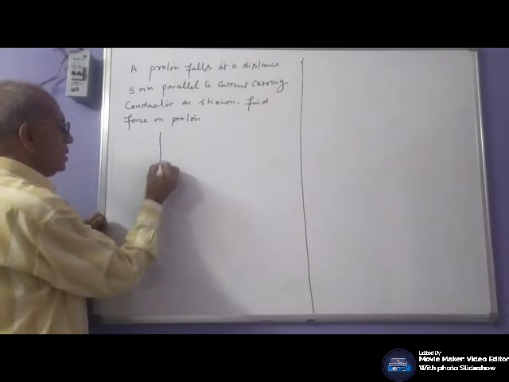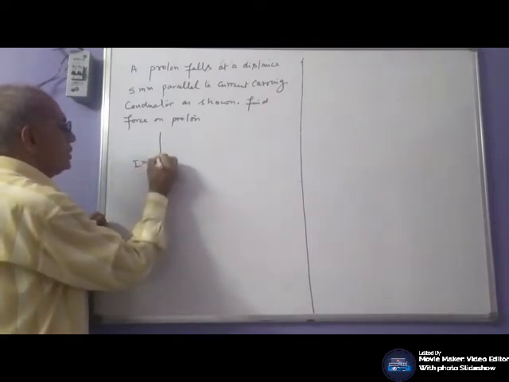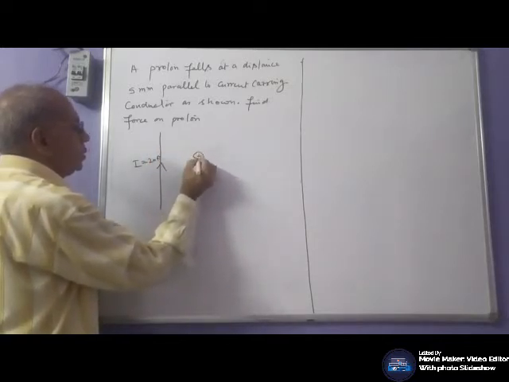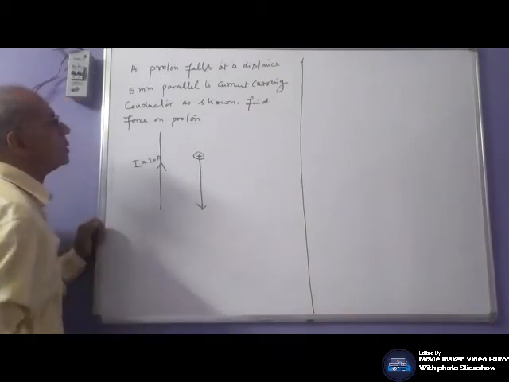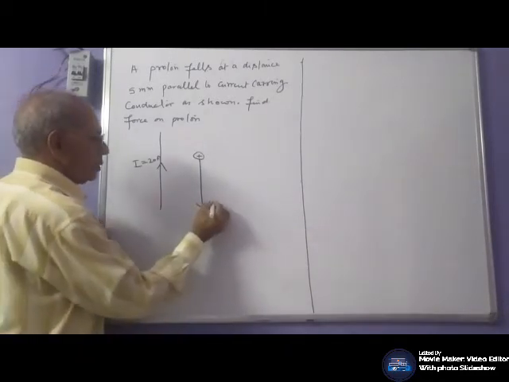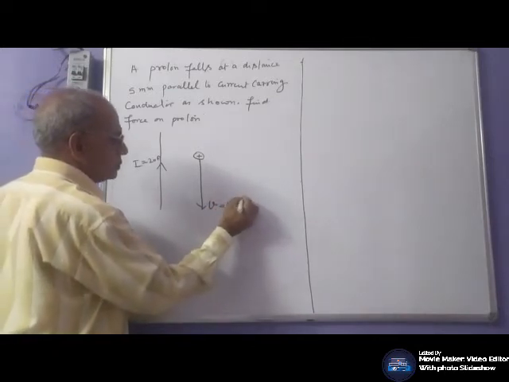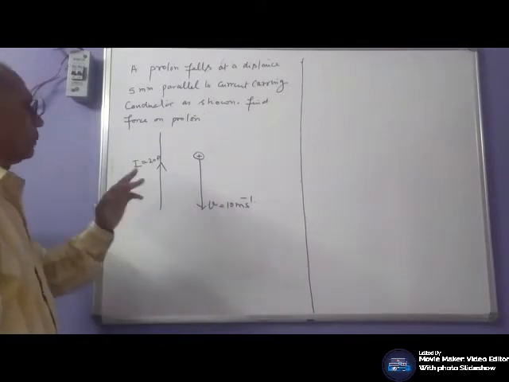This is a conductor, it is carrying current 20 ampere as shown, and this is a proton. It falls, and this is the velocity. The proton falls as shown.